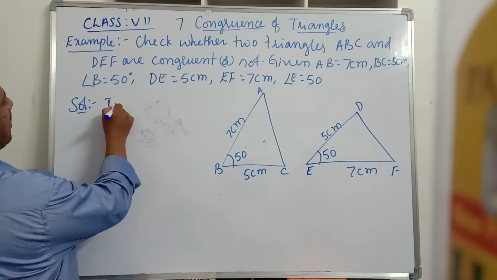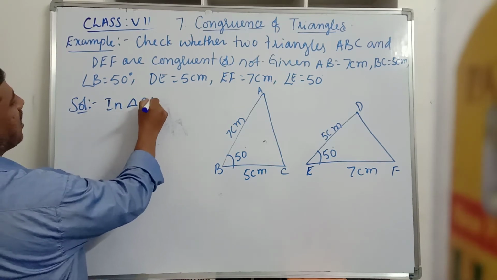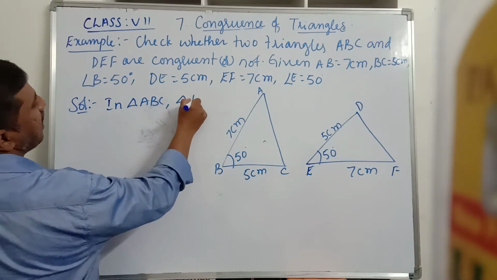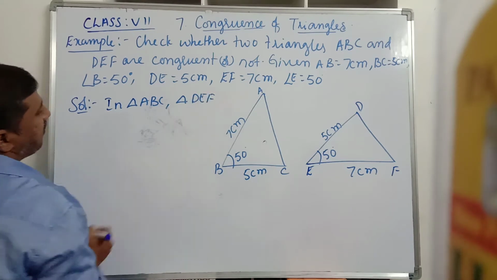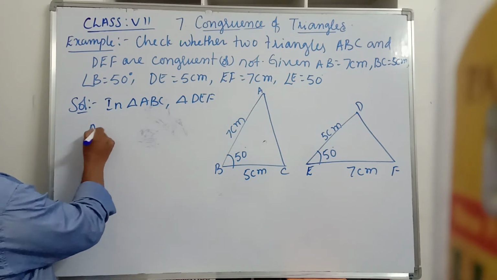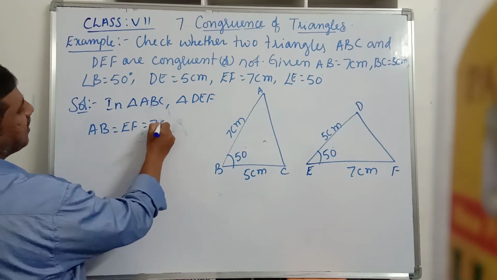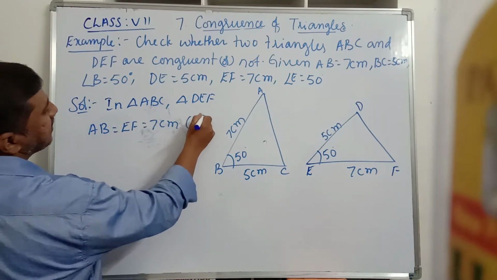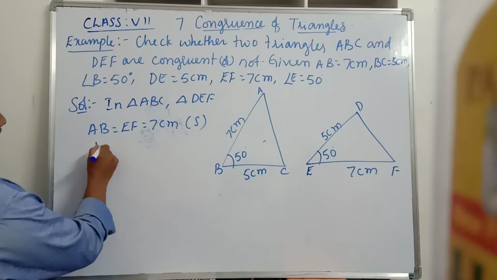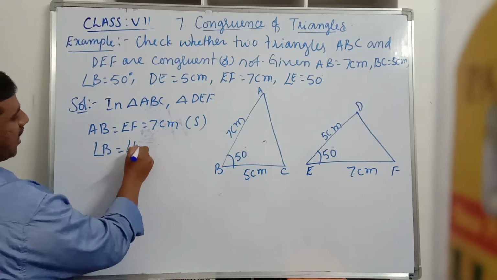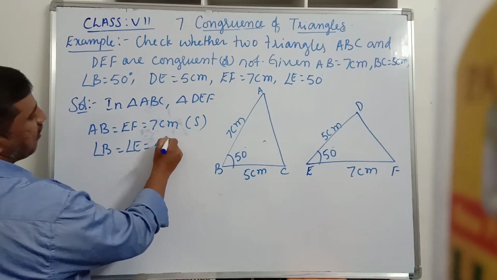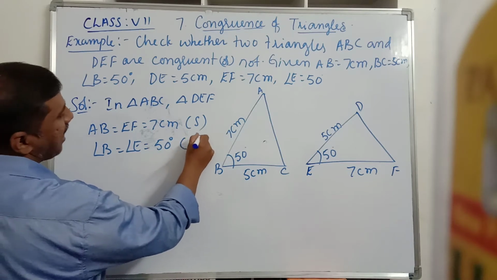Now, in triangle ABC and triangle DEF, here AB is equal to EF, that is 7 centimeters, side. Then angle B is equal to angle E, that is 50 degrees, that is angle.